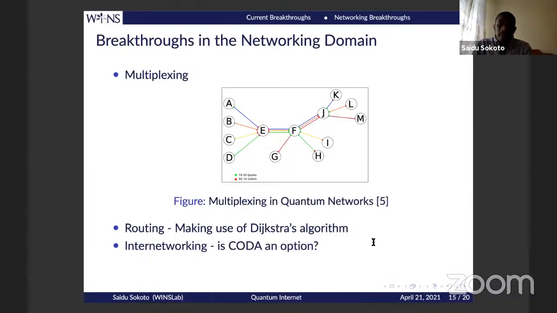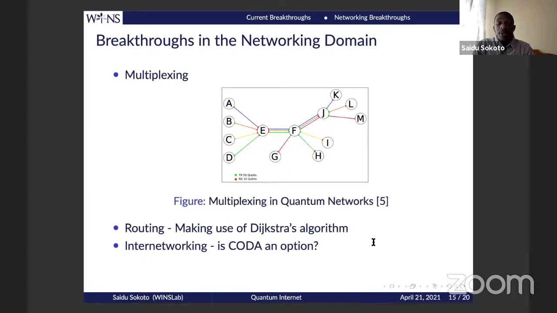Different multiplexing schemes have been tested already, at least using simulations, and statistical multiplexing has been checked. Time division multiplexing has been checked, and there is still room for improvement, of course, but at least, like I mentioned earlier, there is some work that we can build on.